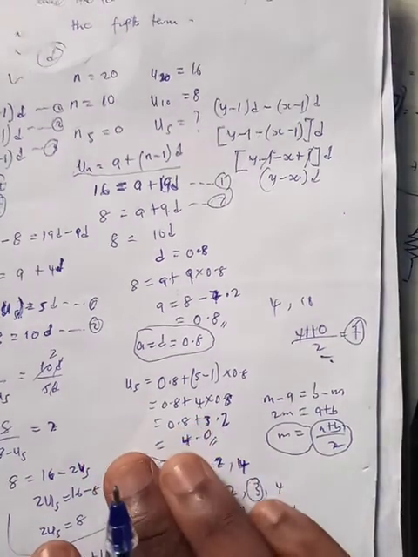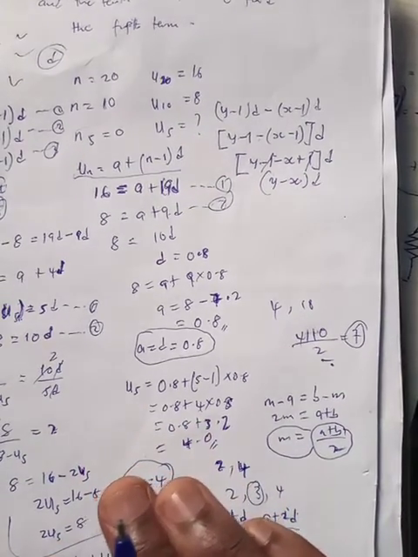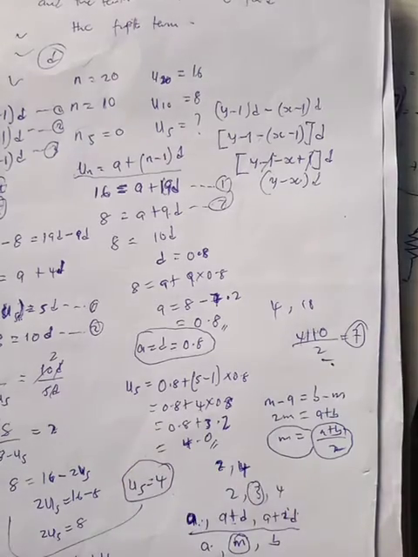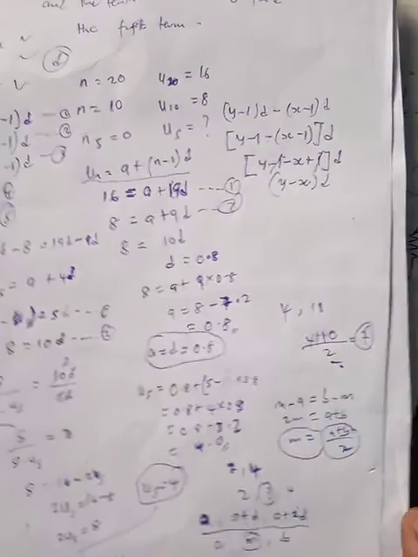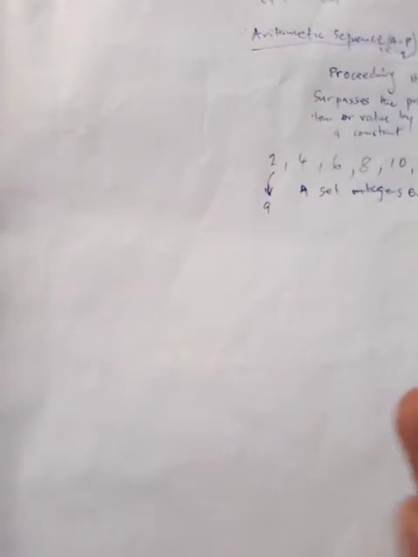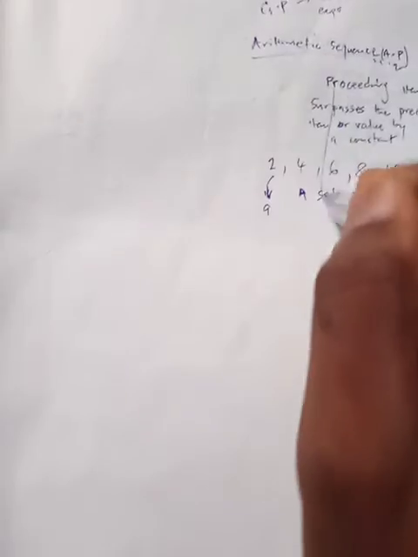let's move on. I hope I've shown you the various ways of solving the difficult questions. The questions that are now left are not difficult. Let's move on to how to sum sequences in AP. So this isn't actually part of the work.